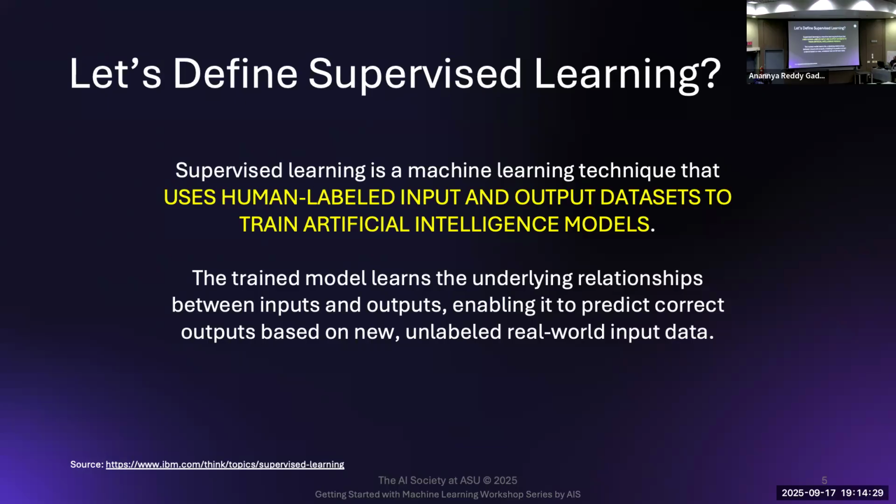The second statement says that the trained model learns the underlying relationships between inputs and outputs, enabling it to predict correct outputs based on new unlabeled real world input data. As I mentioned, whenever we feed the data into the AI model, it learns and it predicts.